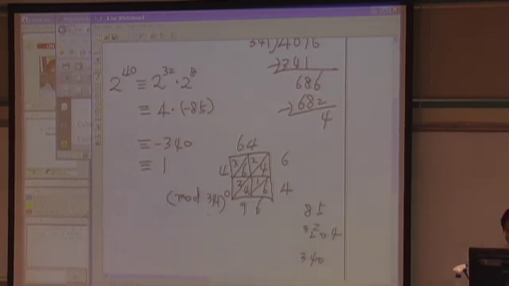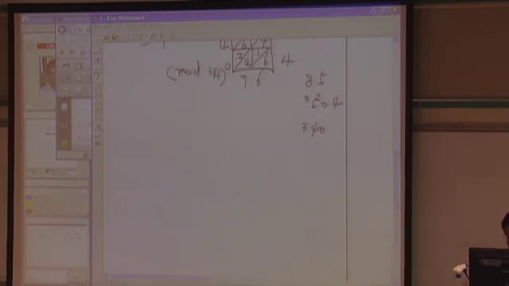So I will rewrite the steps in summary. 2 to the power of 340 is equal to 2 to the power of 300 multiplied by 2 to the power of 40. And by Euler theorem, it's congruent to 1. And then now we decompose this using binary exponentiation.